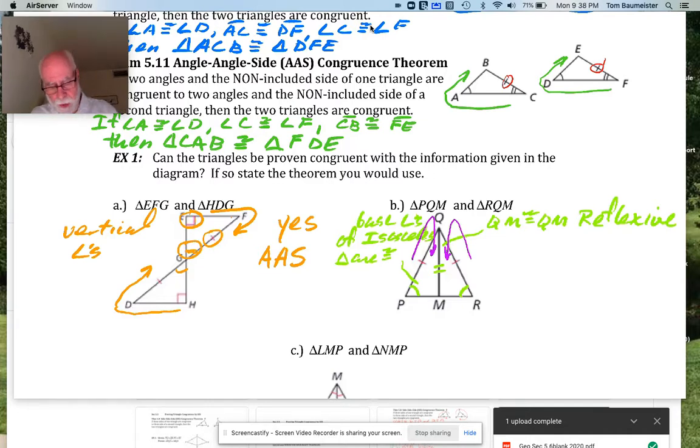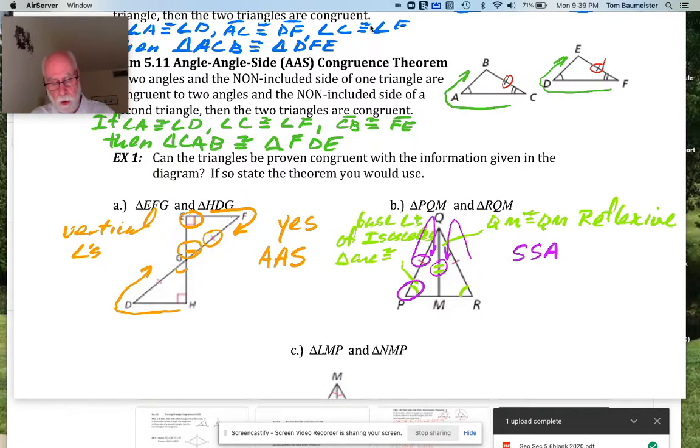We have a side, we have another side, and we have a non-included angle. So if I follow this one right here, I would have side-side-angle. Now remember, I told you yesterday that does not work.